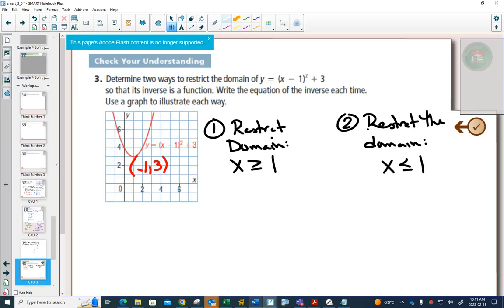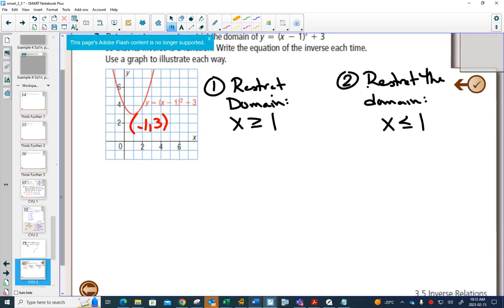Now, if I took this entire function and I switched x and y, this would be the entire inverse, right? Can you see that -1, 3 would become 3, -1. Okay?